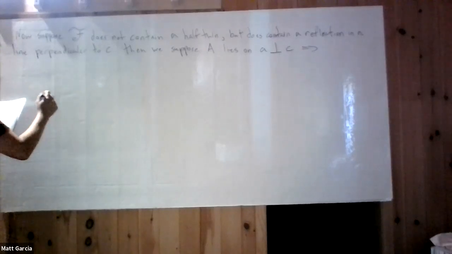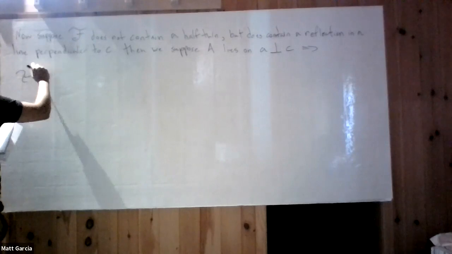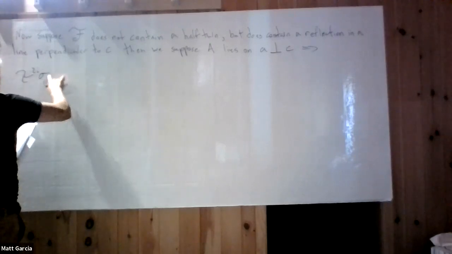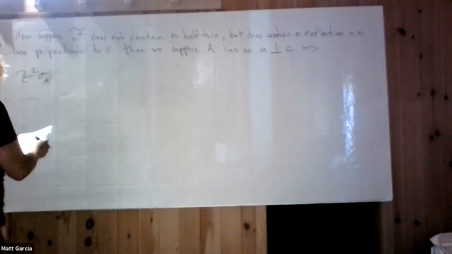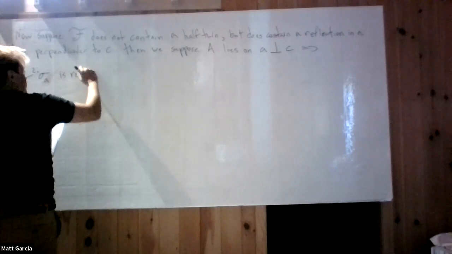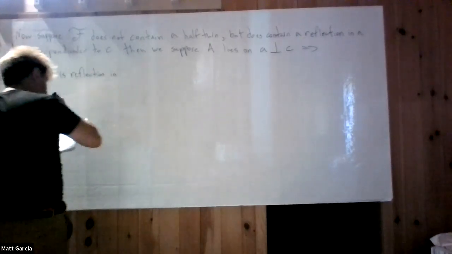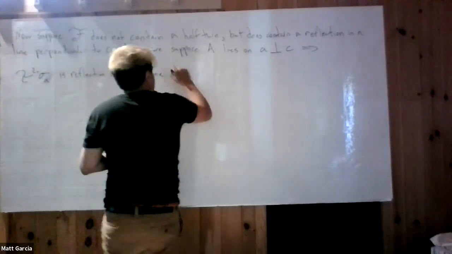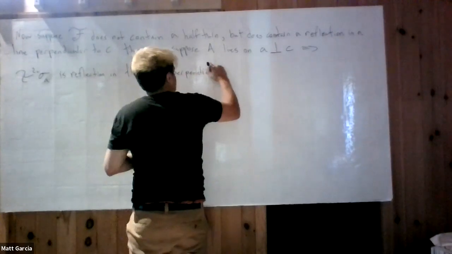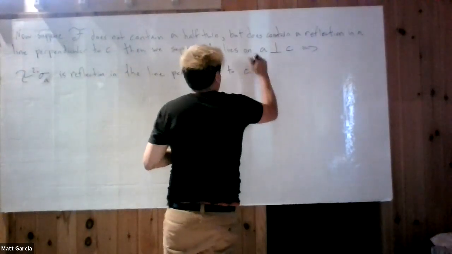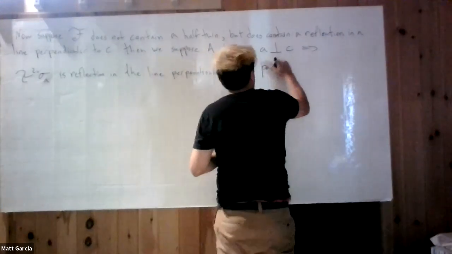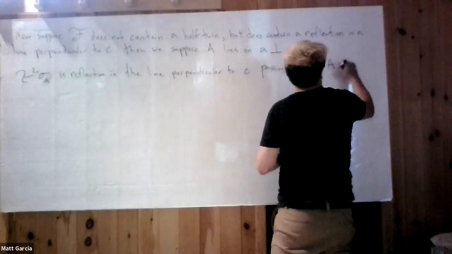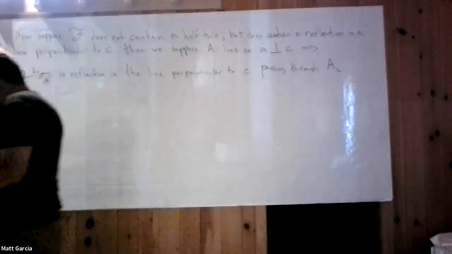So in particular, we know that tau to the 2i sigma sub a, the line a, this is reflection in the line perpendicular to C, passing through A sub I.